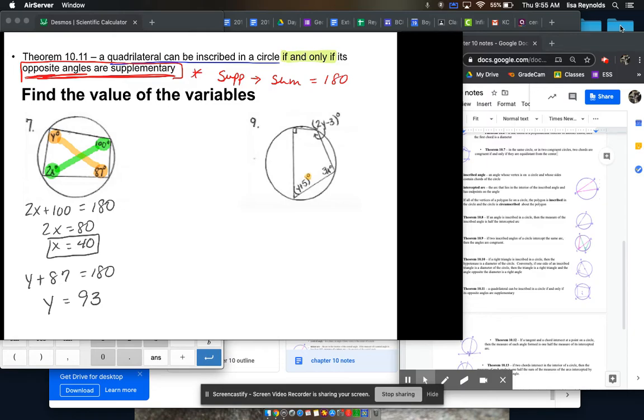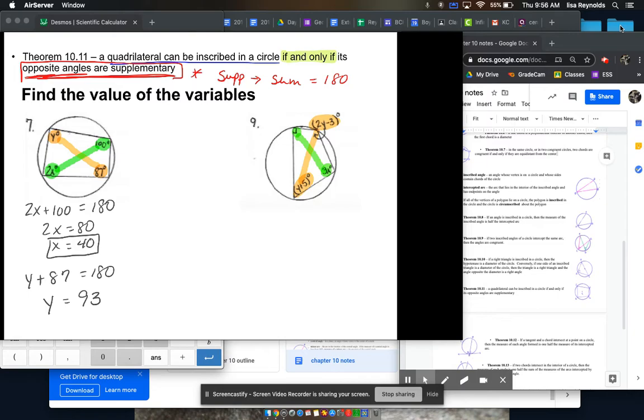So for the next one, y plus 5 and 2y minus 3 are in opposite corners. And the 90-degree box and the 3x are in opposite corners of the quadrilateral. Since it is inscribed in our circle, then we get to do our supplementary.